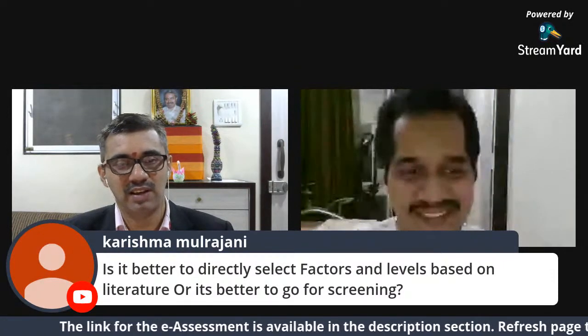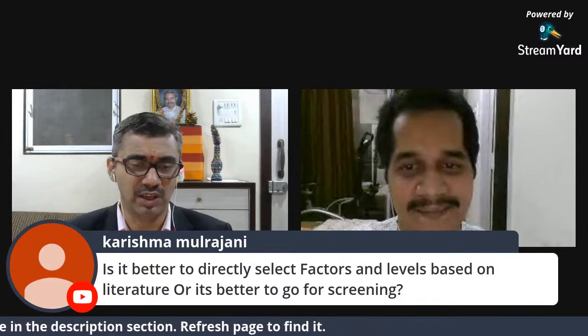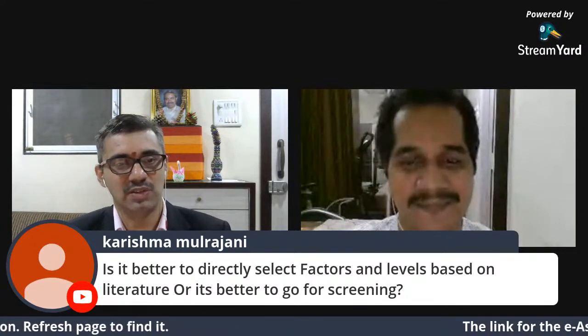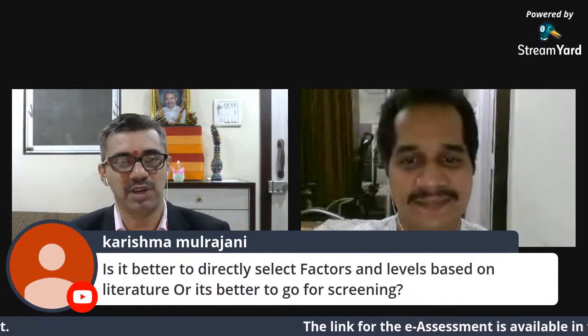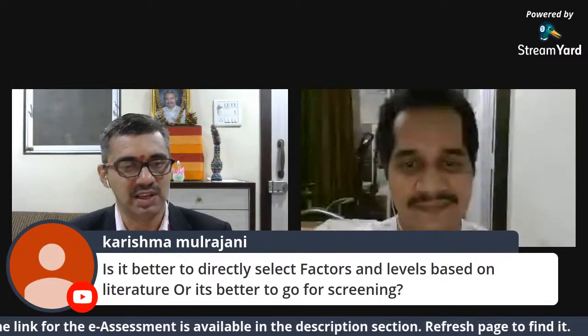First, ideally all the design of experiment literature suggests that you do some prior experimentation, so that you understand your process, composition, or formulation, and then you go for the actual design of experiment. So you carry out some basic experimentation and then go for DOE-based experimentation.